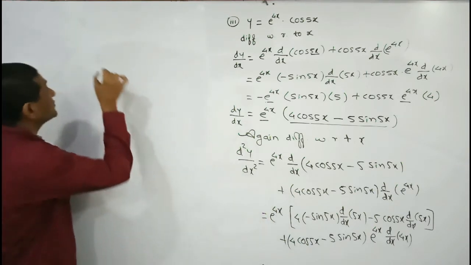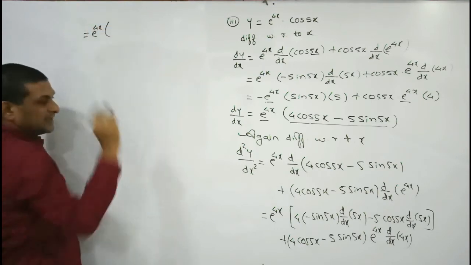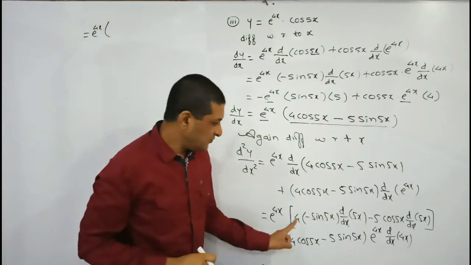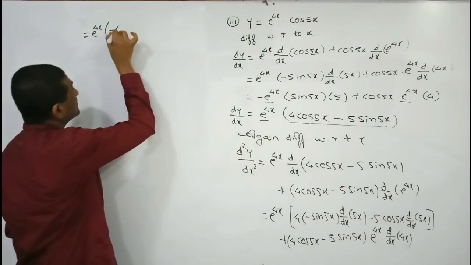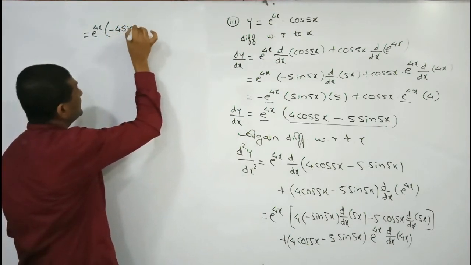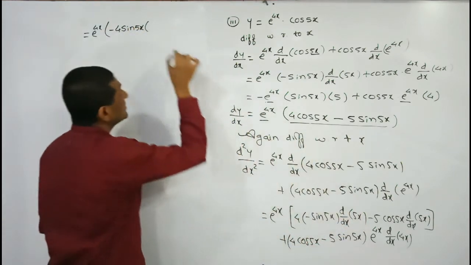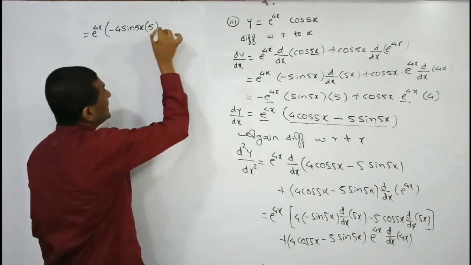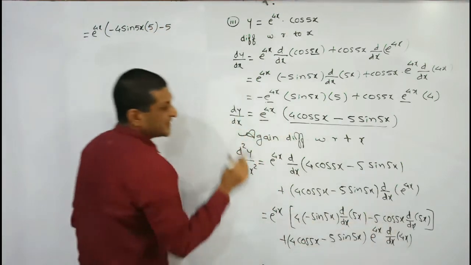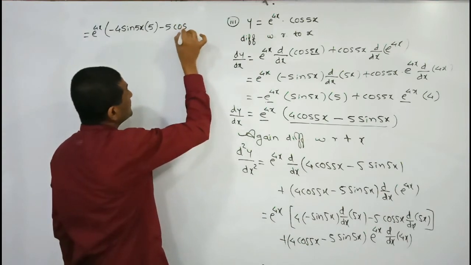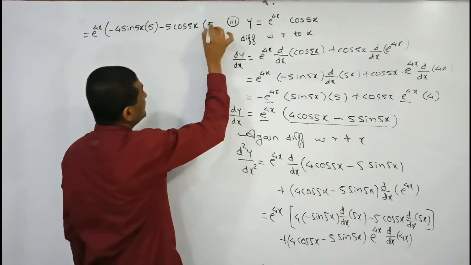So here e raised to power 4x, keep it as it is, and here 4 into minus will be minus 4 sin 5x into differentiation of 5x will be equals to what? 5. Again minus 5, keep it as it is, cos 5x also as it is, cos 5x into differentiation of 5x will be equals to 5.